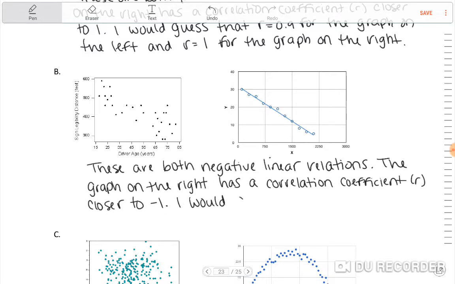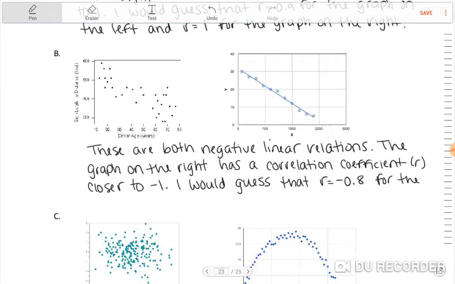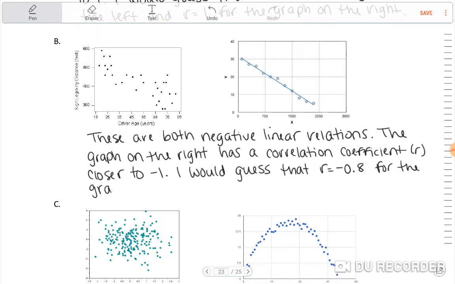I would guess that R may be -0.8 for the graph on the left. And R would be -0.99 for the graph on the right.